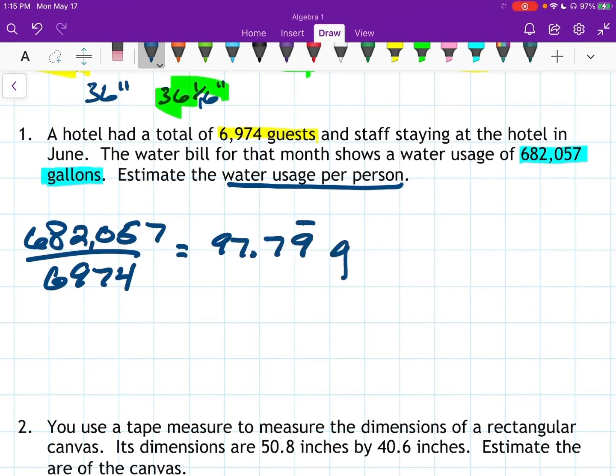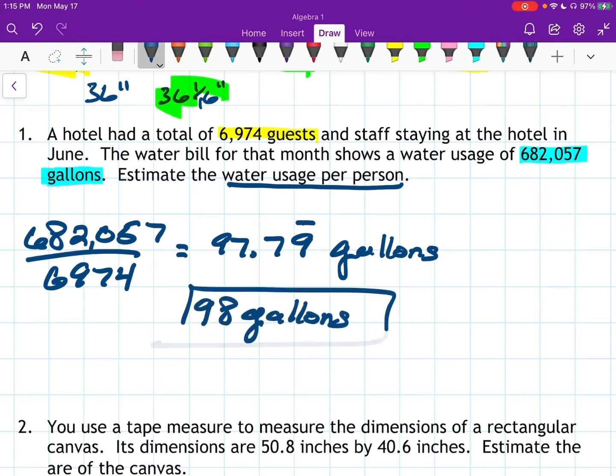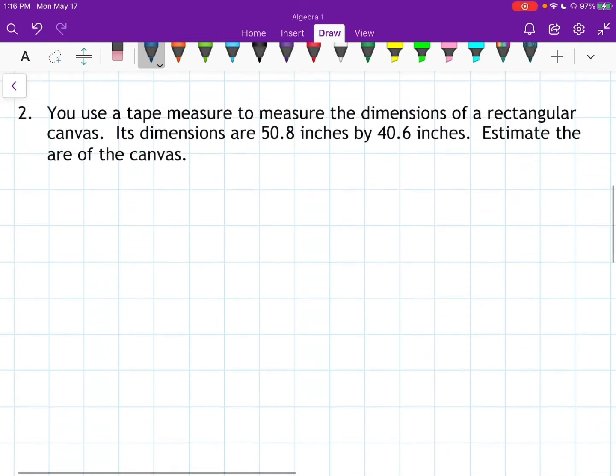And this is gallons. Now, we started off with a whole number of gallons, so we're going to need to end with a whole number of gallons. So whenever we round this, we'd have 98 gallons. Okay, moving on to number 2.